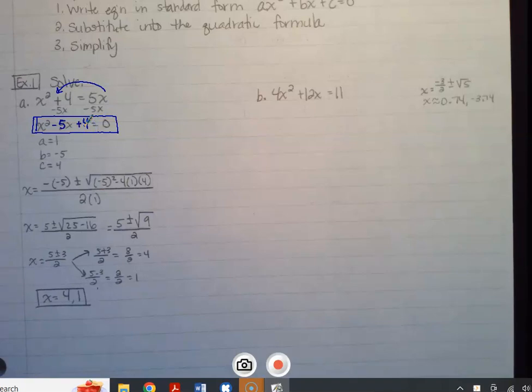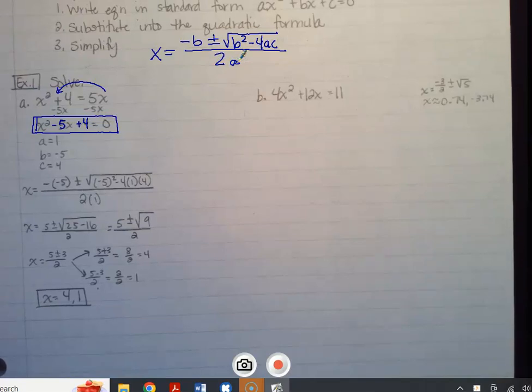Okay. Then once we have those, we can plug them into the equation that we need to use. Remember our equation is x equals, it's right above here, but I can't see it up here, so I'm going to write it: negative b plus or minus the square root of b squared minus 4ac divided by 2a.